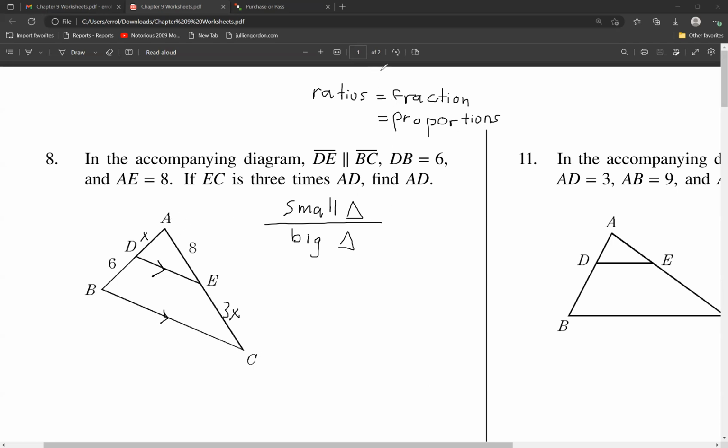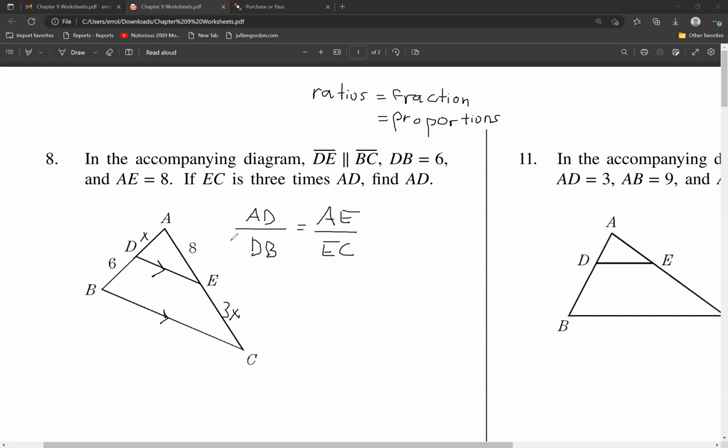What's the ratio? AD over DB equals what? AE over EC.